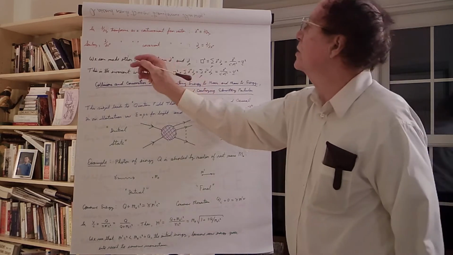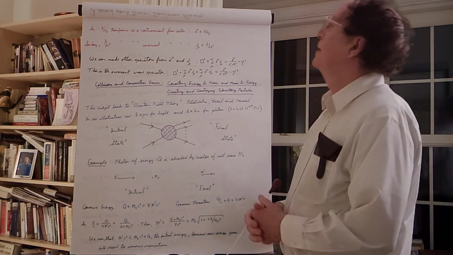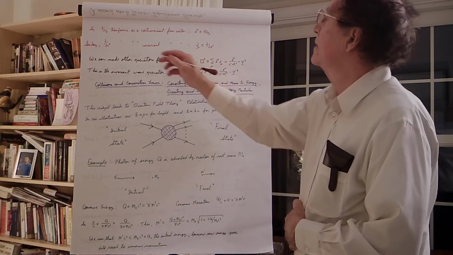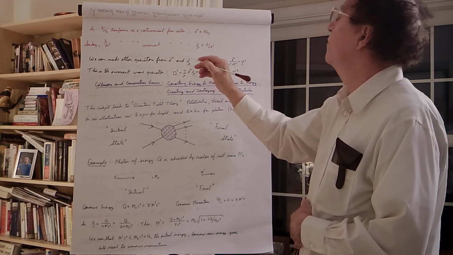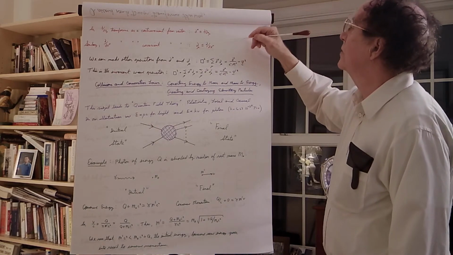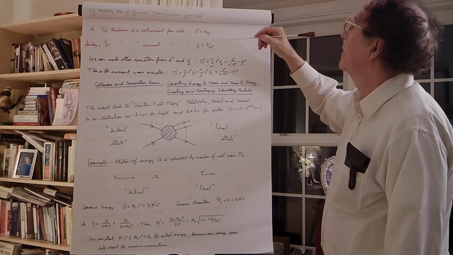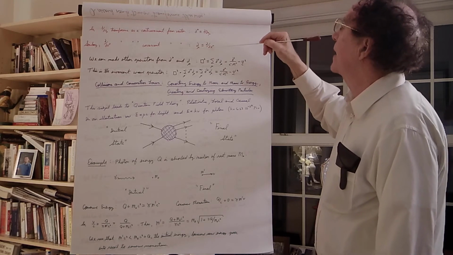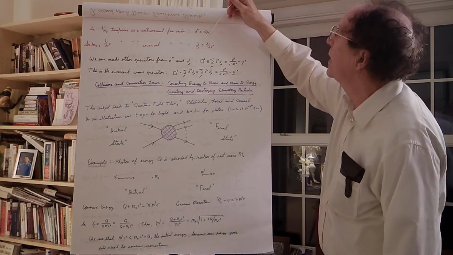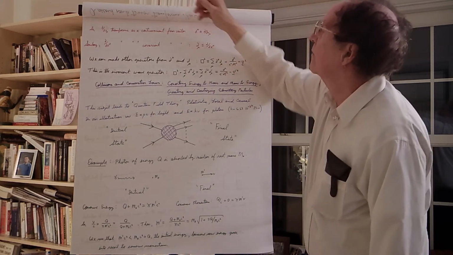I do the same exercise with differentiating with respect to x upper mu. I find in that case that there's a flip. It transforms like the covariant four-vector. And I write, so differential sub mu, by definition, is the differentiation with respect to x upper mu. And I write lower mu here because this object transforms as a covariant four-vector.